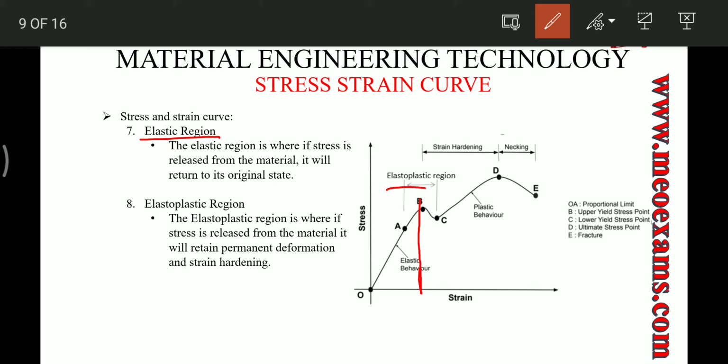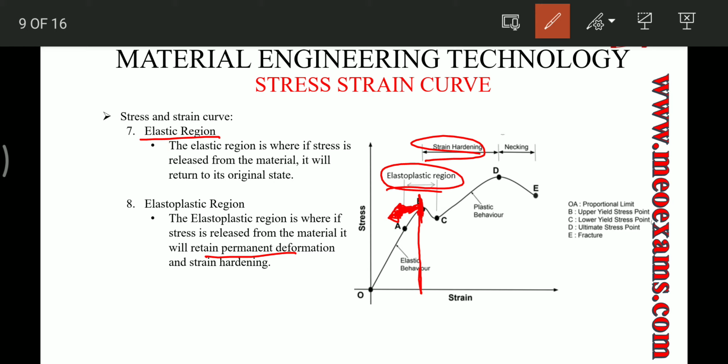Then we have something called the elastoplastic region, where if the stresses are released from the material, it will retain permanent deformation if it is beyond B. Okay friends, but if the stresses are less than or before B, then it will be under the elastic region.